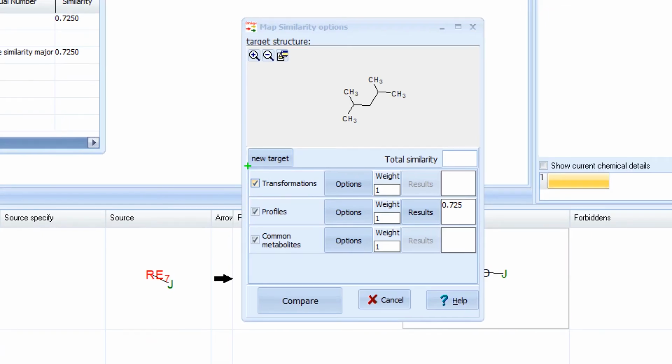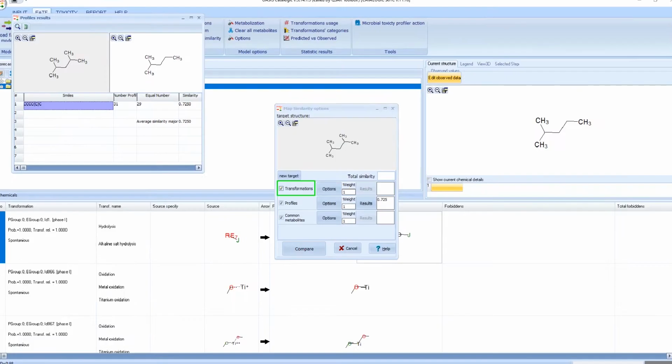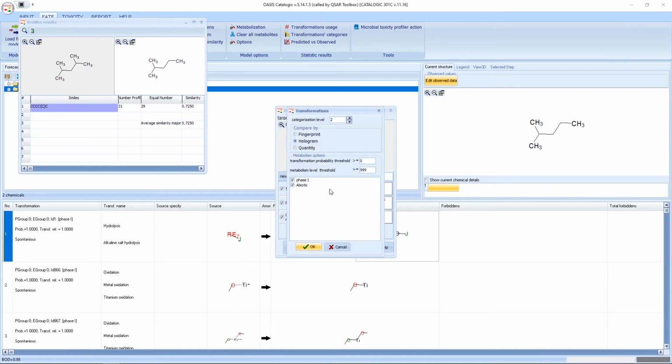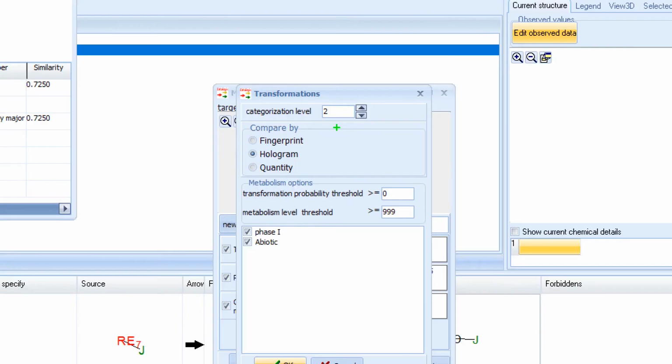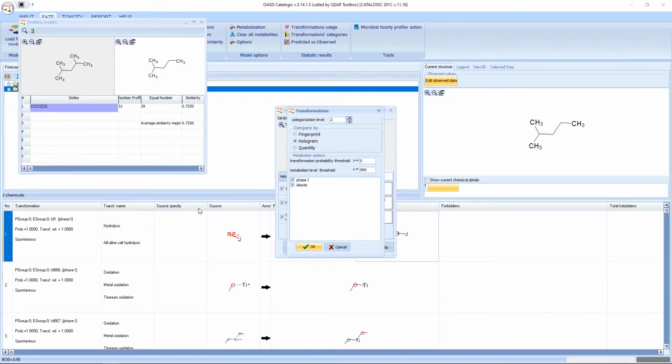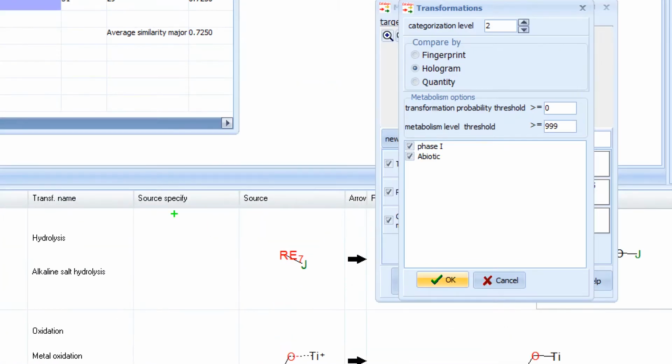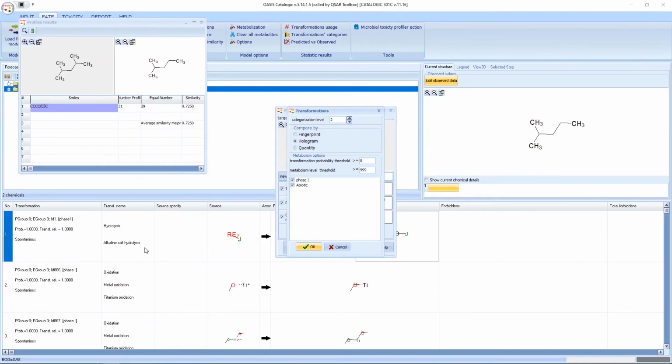So let's compare the simulated maps of these chemicals according to their common metabolic transformations. All transformations are categorized into more general and more specific levels of description. For example, this is hydrolysis, and more specifically, alkaline salt hydrolysis.